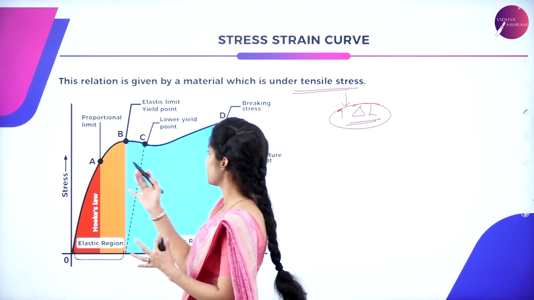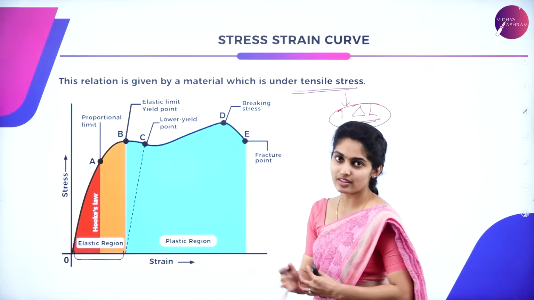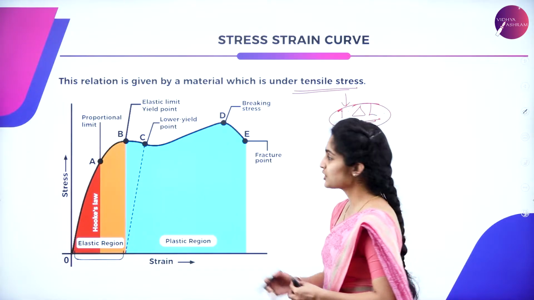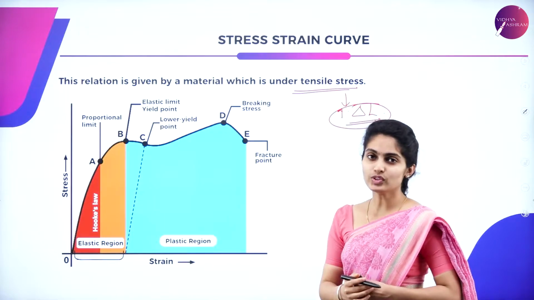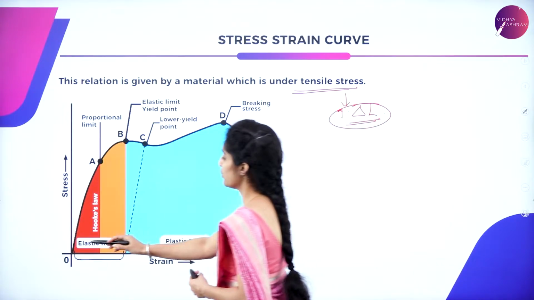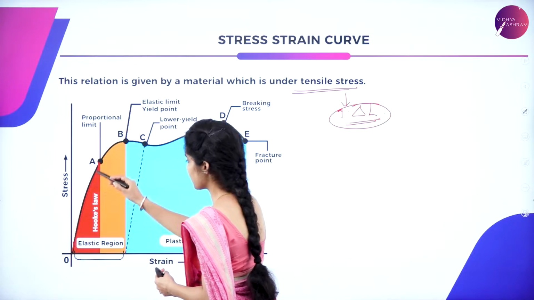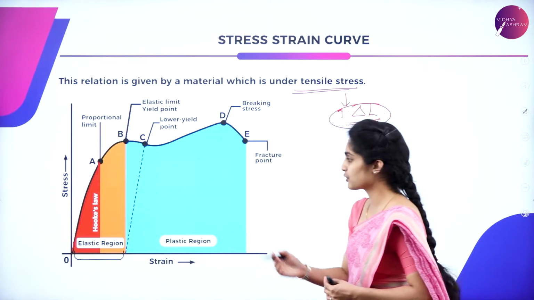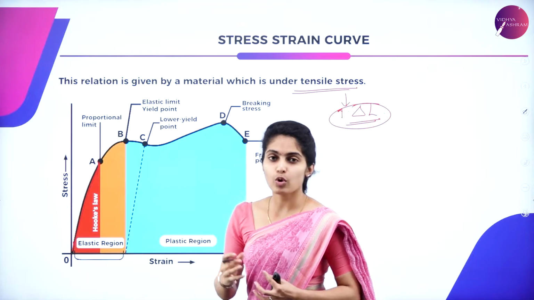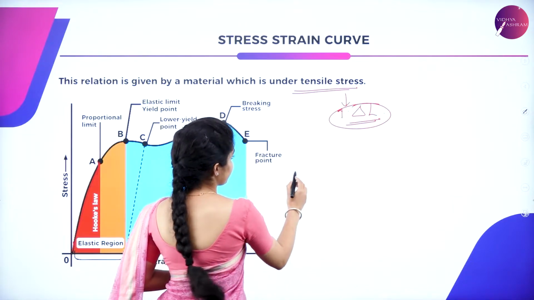So here in this case we are considering a stress strain curve for an object which undergoes tensile stress. From O to A, here they have marked in red color, that is they have given Hooke's law.